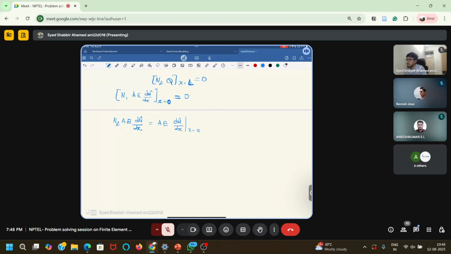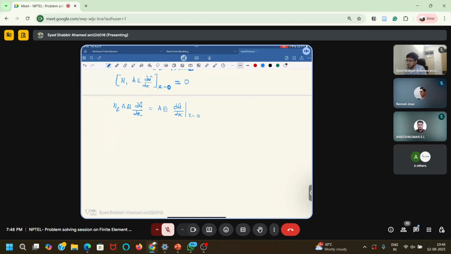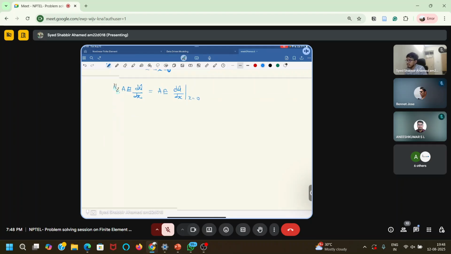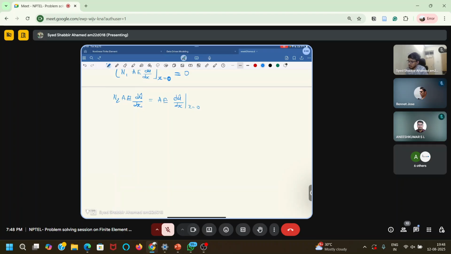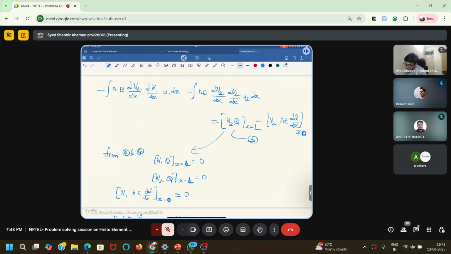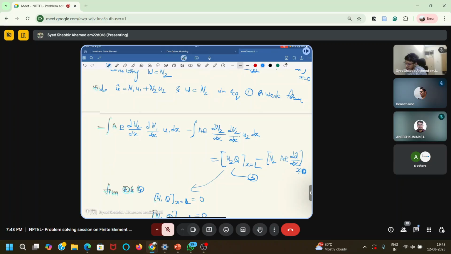Whatever values we have got, we will substitute into equations 2 and 3.